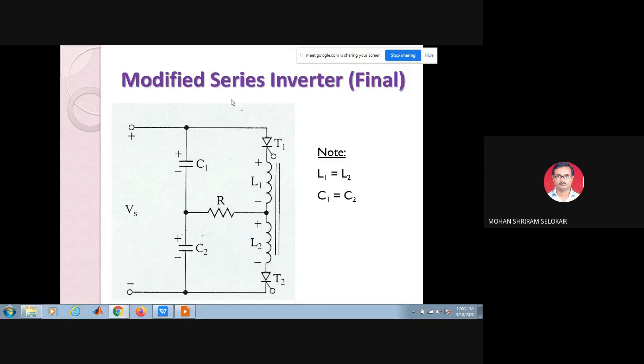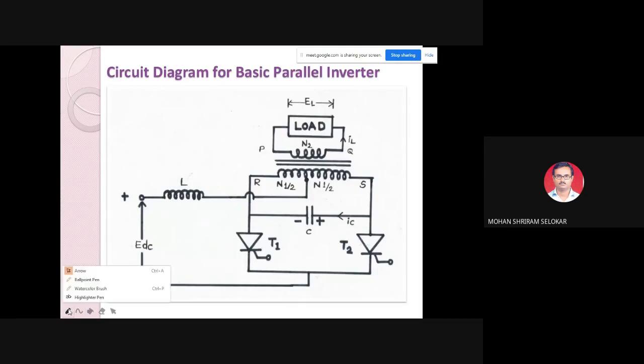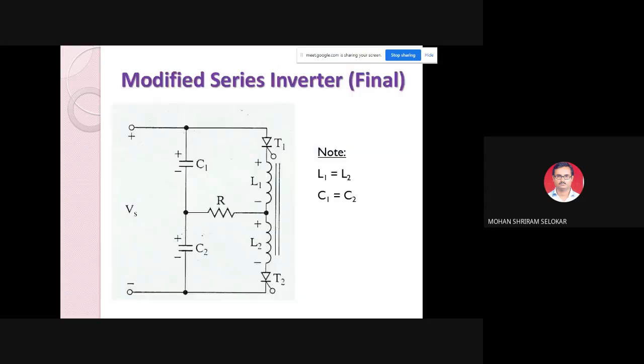Now here, when T1 is triggered, C1 and C2 are connected in parallel, and as the values of C1 and C2 are exactly the same, suppose you assume the supply voltage is Vs, the voltage across C1 will be Vs by 2.